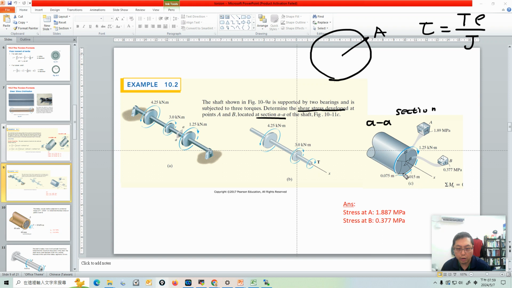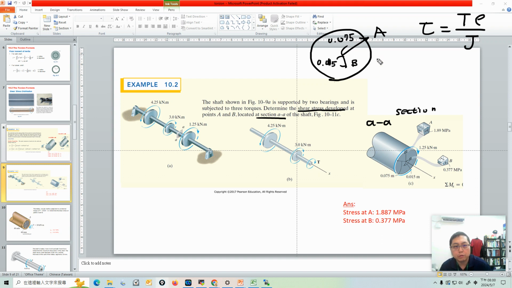And where is B? B is here, 0.015 meter from the center, very small. And at the surface, it gives us the radius of the cross section, 0.075 meter.